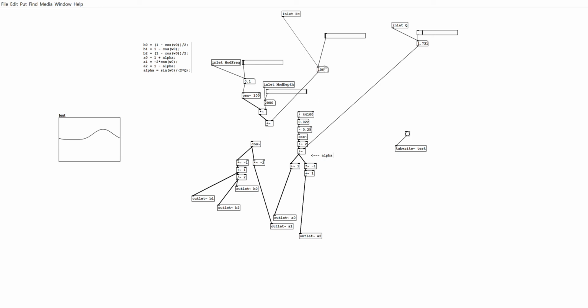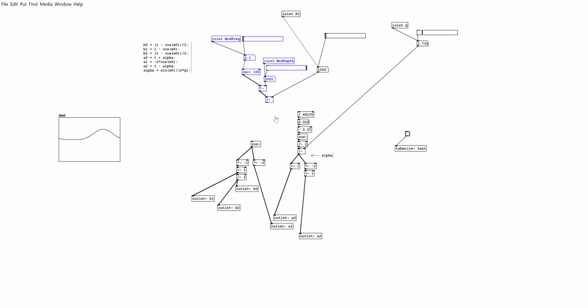So now let me drag this up. Of course, any of your blocks that are doing operations on signals need to be marked as such. So this addition here, where I'm adding the output of my LFO essentially to FC, is a plus object with a tilde, which means it's meant for signals.